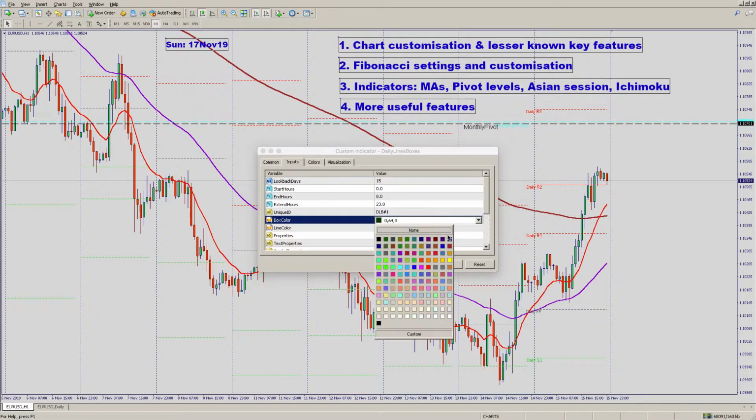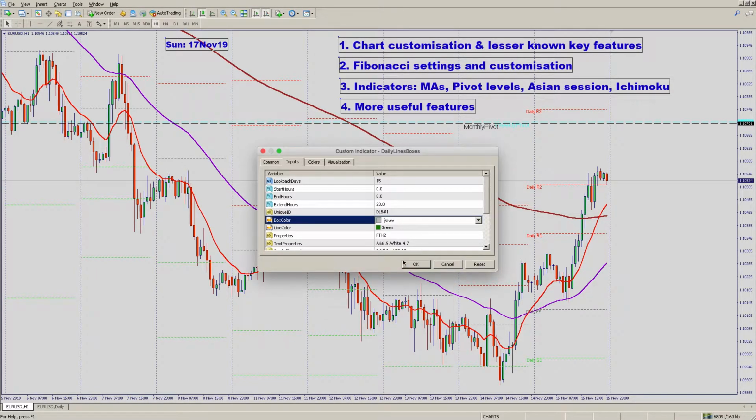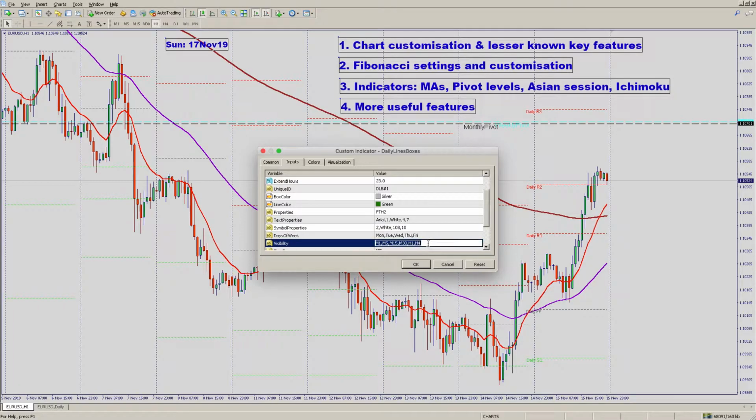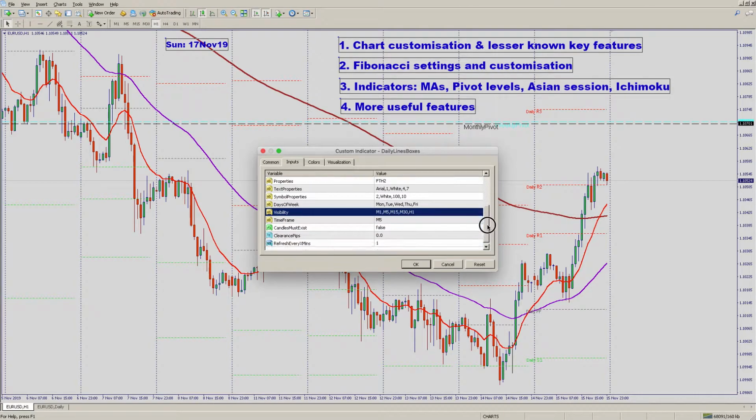And this was silver that I set earlier. Box color, line color is green, that's fine, just leave it there first. This one's 1, and let me take out the 4 hour, and that will do for now.